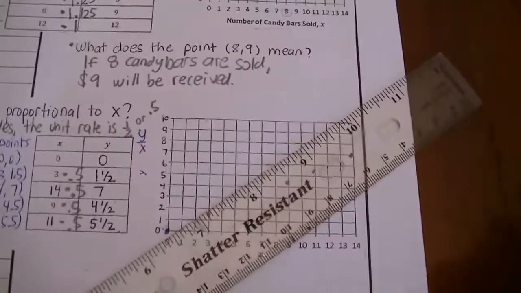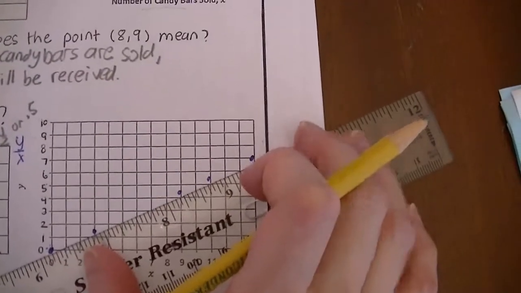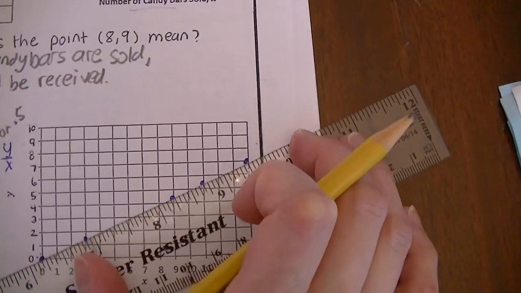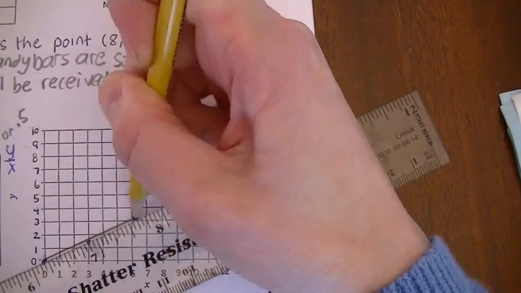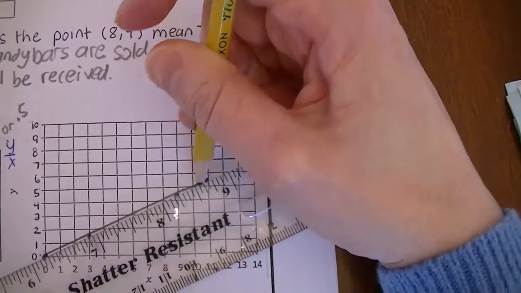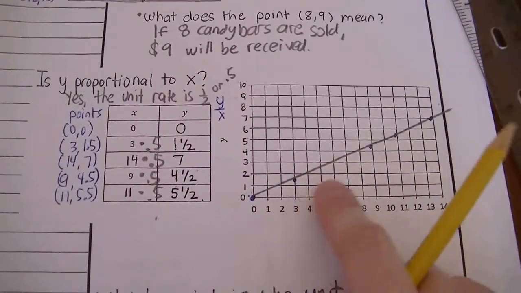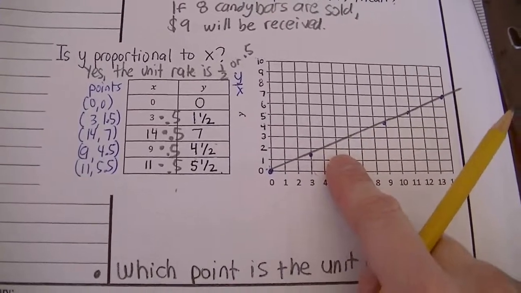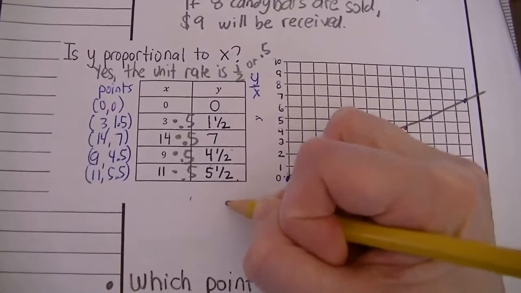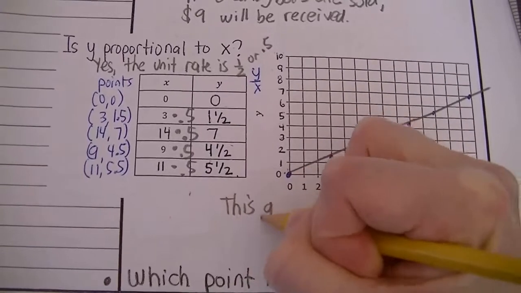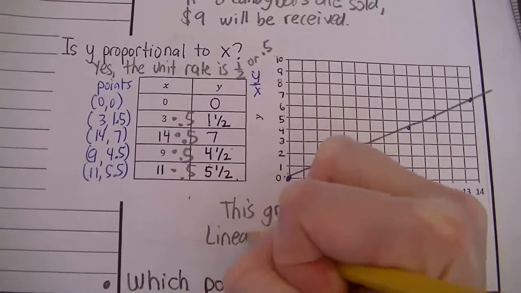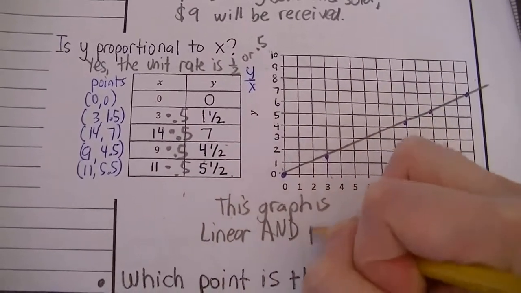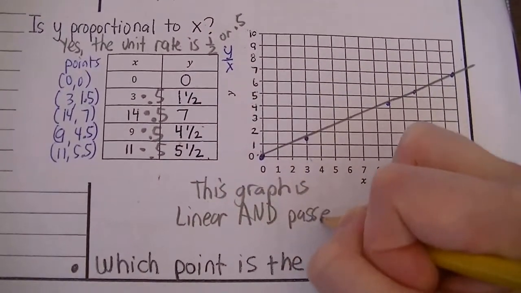Let's go ahead and connect those ordered pairs. Okay, so you'll see right here that it's linear, which means it's a straight line, and passes through the origin, passes through 0, 0.